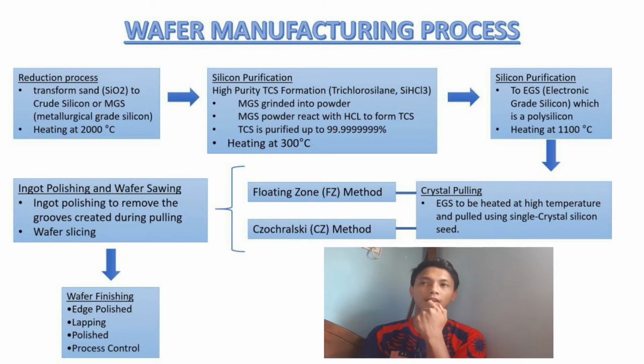The first step is the reduction process, in which the sand, SiO2, is heated at 2000 degrees Celsius to transform the sand, silicon dioxide or silica, into crude silicon or MGS, which stands for metallurgical grade silicon.